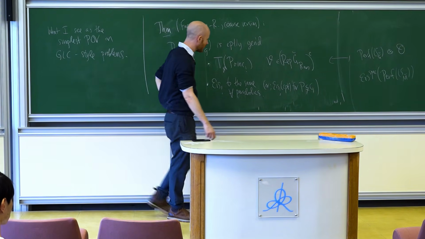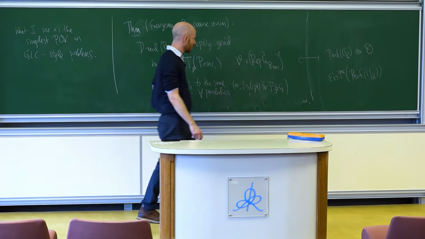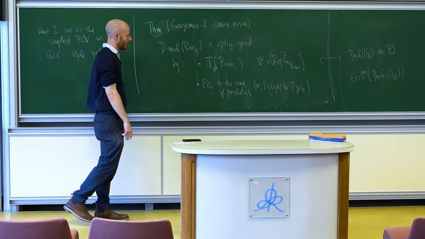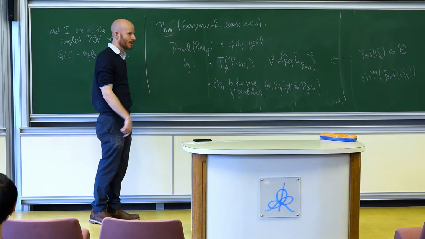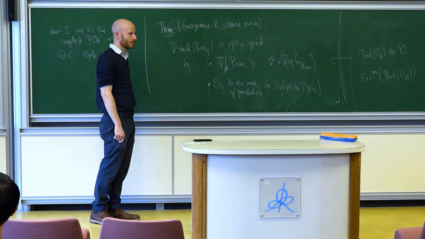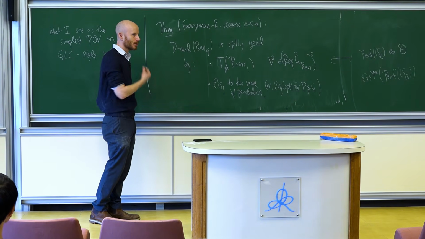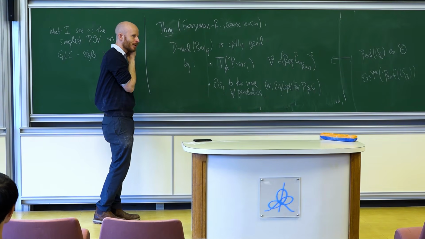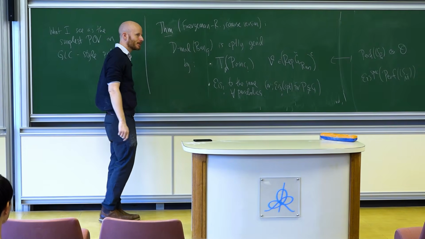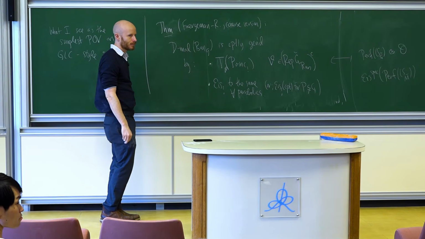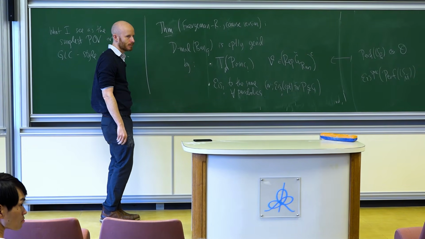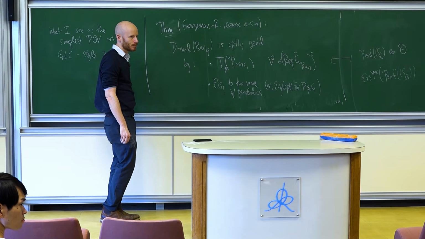Okay, so for GL_n, there's a corresponding statement, which is that if you have a cuspidal automorphic form, then it has some non-zero Whittaker coefficients. That statement is false for general reductive groups, but in the geometric setting, it still holds. But you can say that any generic L-packet, which is conjectural, contains a generic representation.